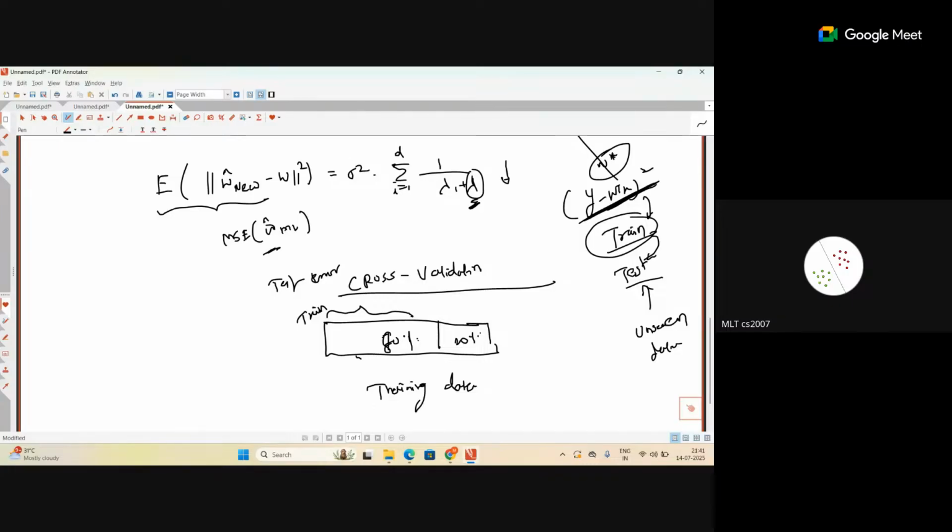Because while training itself, you can understand how your model performs on the remaining 20% of the data when trained on only 80%. If it performs well, then it's good. If it doesn't, then there are some issues in the data, outliers and all that.